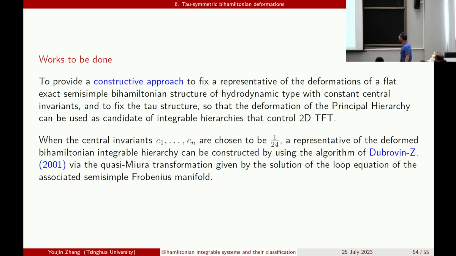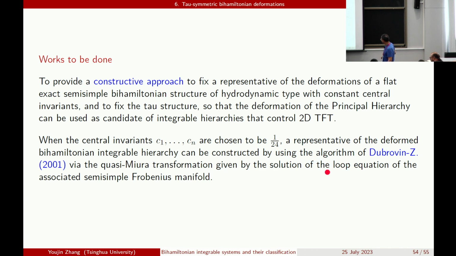For example, if we take the central invariants to be 1/24, then we can give a representative of the deformed bihamiltonian integrable hierarchy by using the algorithms given by Buryak and others. We use the linearization of the Virasoro symmetries of this integrable hierarchy to represent the Virasoro constraints in terms of loop equations.